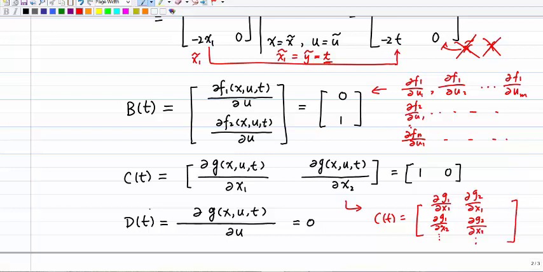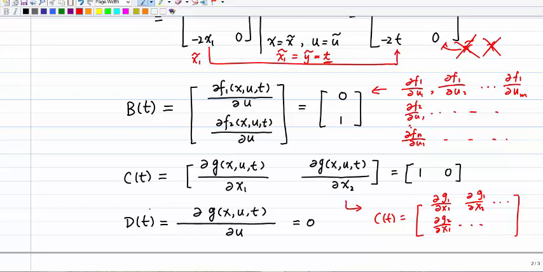Okay, that should be the same principle. So this Ct will be partial g over partial x1 and partial g over partial x2.